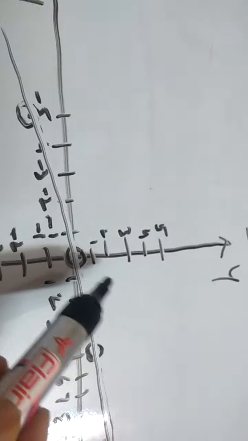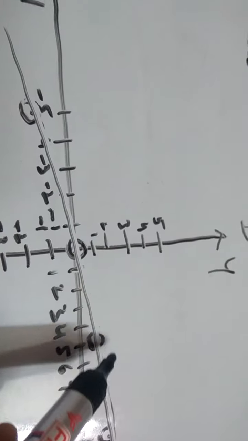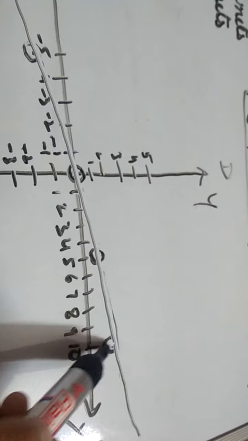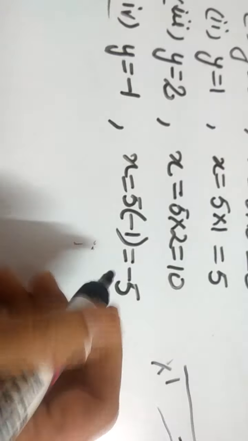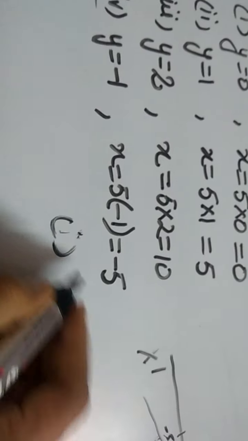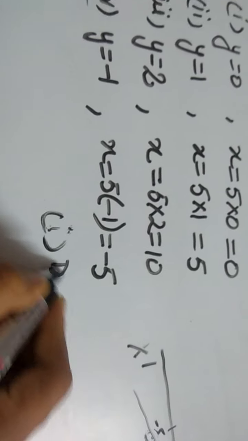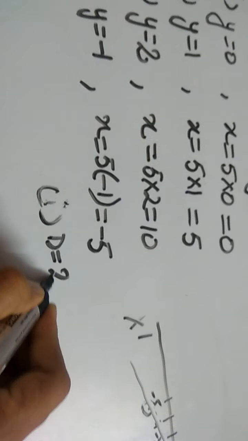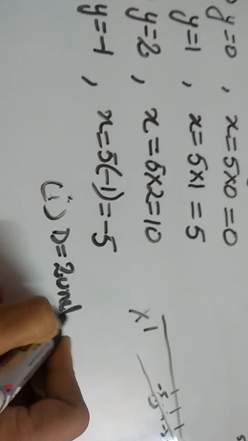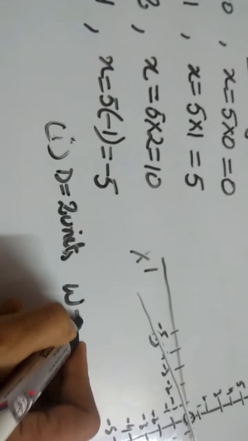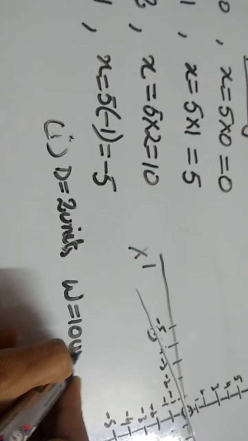When the distance traveled by the body is 2 units, here is distance y. When it is 2 units, what is the work done? It is 10 units. So the answer is 10 units. When the distance is 2 units, the work done is 10 units.